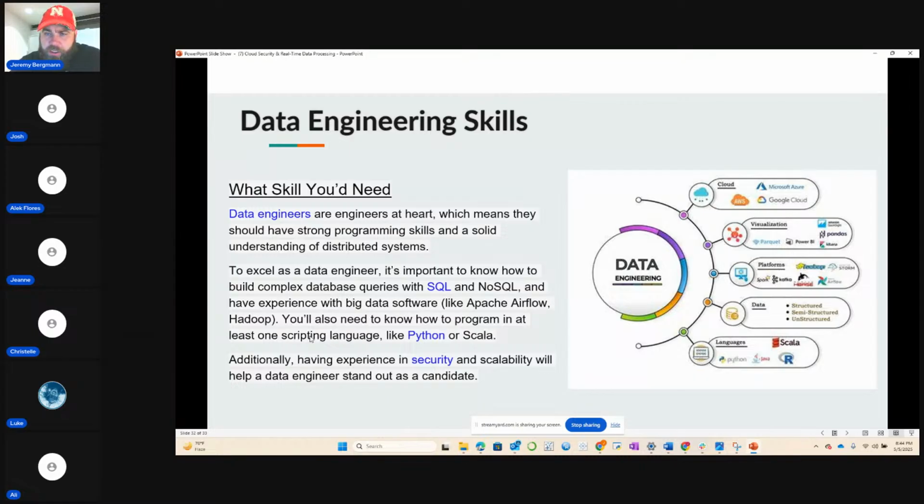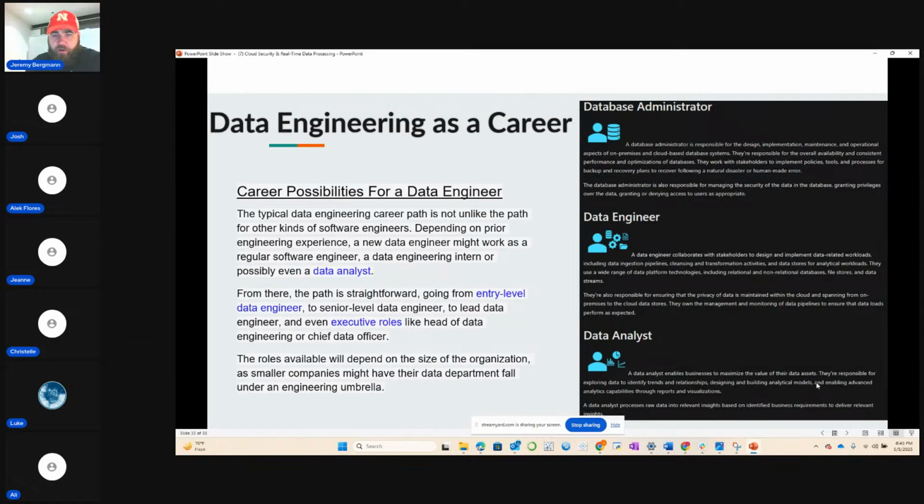Okay, so data engineering skill set, I put that here. I think we actually covered it pretty well in this class: being able to visualize data, knowing different platforms and the tools at your disposal, being able to work with different types of data to turn it into information, even real-time data, and then knowing programming languages. And doing it as a career, the difference between database administrator, engineer, and analyst.